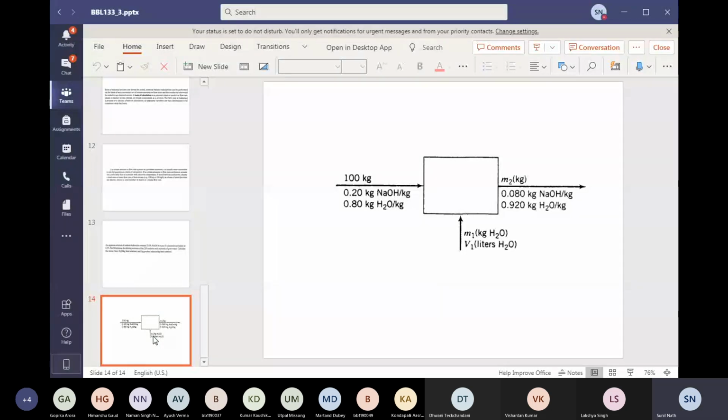Are you all okay? Yes, sir. Right. So essentially the whole thing is to choose a basis, and on the basis of that, you can always scale up and find out. If you are asked only to find a ratio, then you don't even need to worry about the actual number, the actual product flow rate, in this case the 2300.